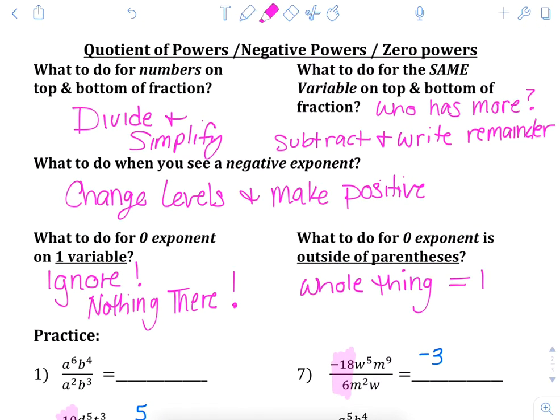What do I do if there are the same variables on the top and the bottom? When it comes to that situation for the variables, we're going to ask ourselves who has more. Does the top have more or does the bottom have more? Whichever side has more, we're going to subtract the exponents and write the remainder on it.